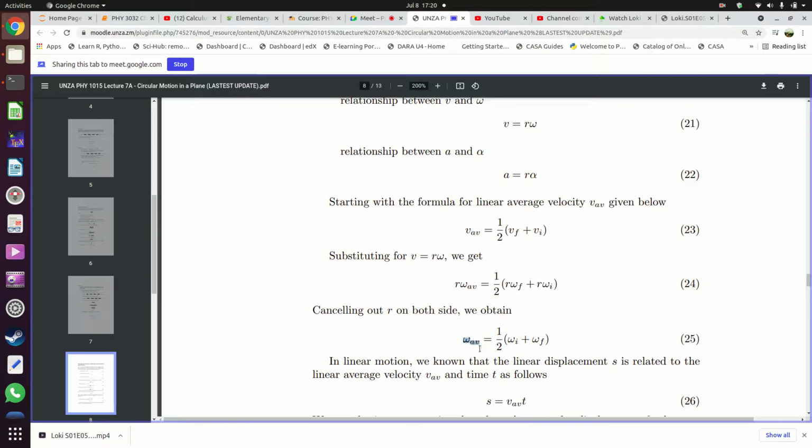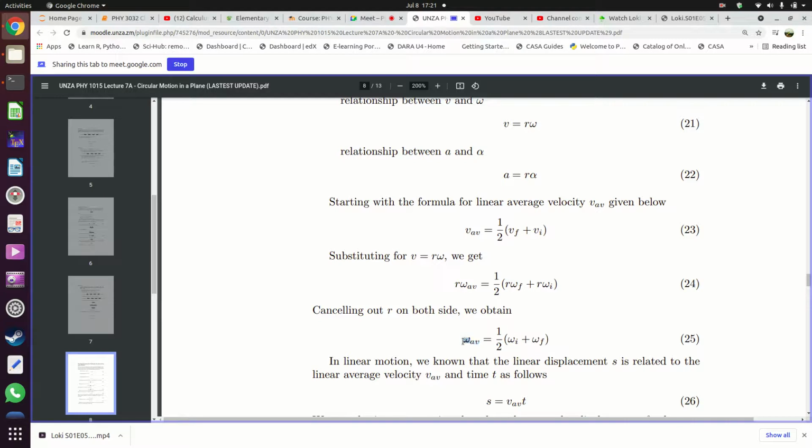Omega average is equal to half omega I plus omega F. So this is how you get your average angular velocity. Average angular velocity is equal to half your initial angular velocity plus your final angular velocity. So you add the initial angular velocity plus the final angular velocity, then you divide by 2, and you get your average angular velocity.